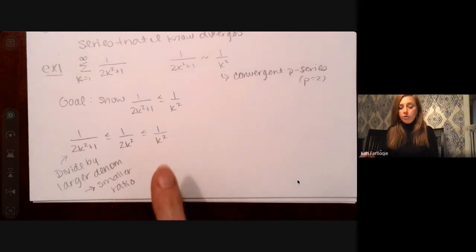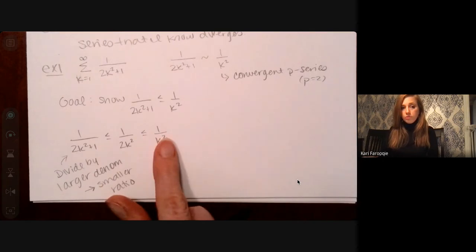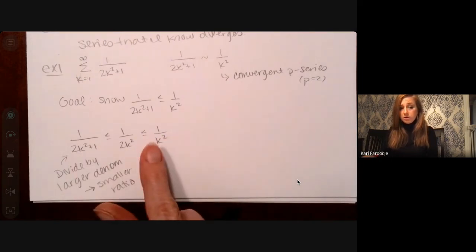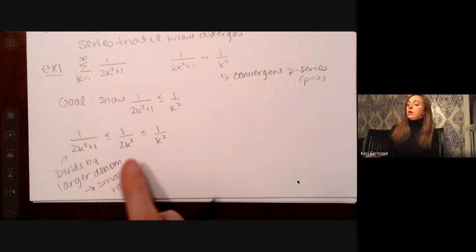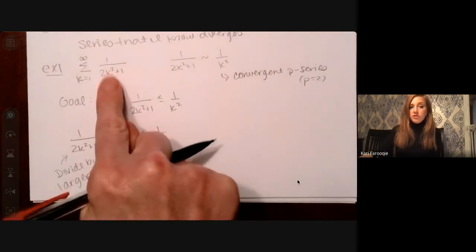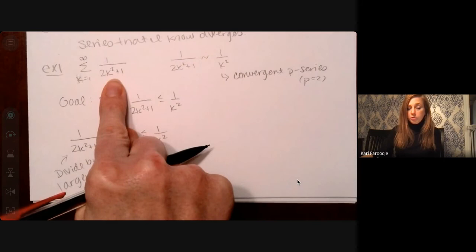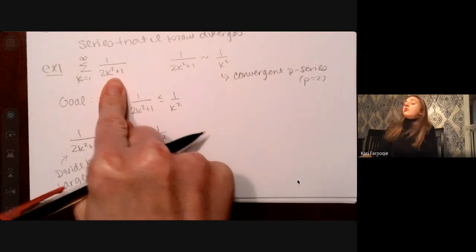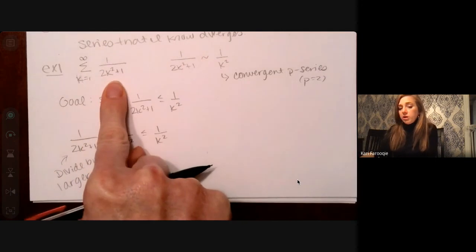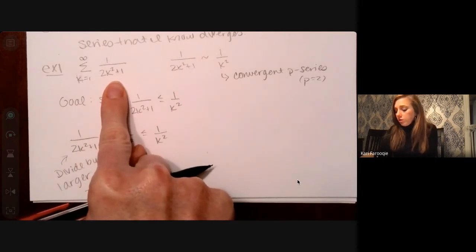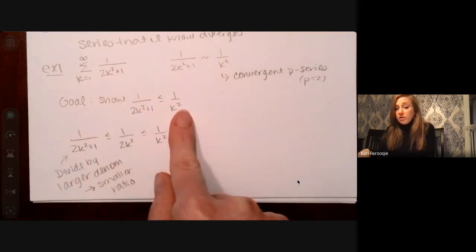We have now officially shown by comparison that our series is convergent. So this is what you're showing on your test. I give you this series, and then you have a bunch of options available to you. By the time you get done with this chapter, you're going to have so many tests at your disposal. So you're going to get an idea for what you think is happening. If you want, write a goal, fine.